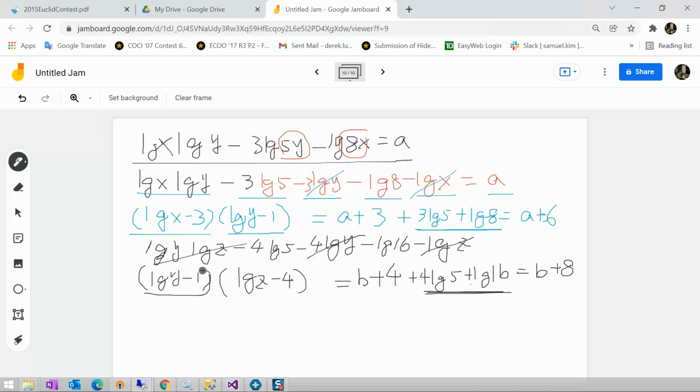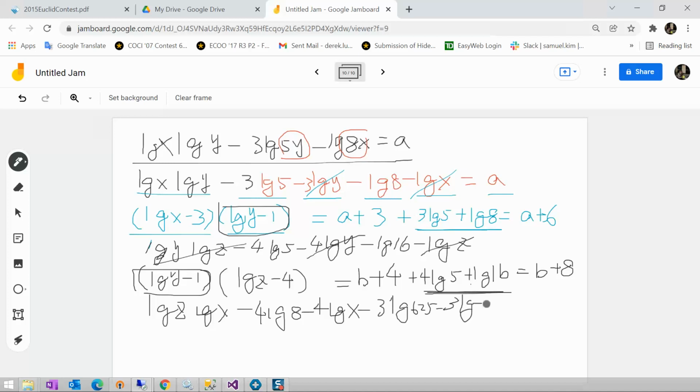So here and here are good. Now we need a final one to prove that this is right. So the final one is log z, log x, right? And the minus will be 4 log a, minus 4 log x, right? 4 log x minus 3 log 625 minus 3 log z, right?